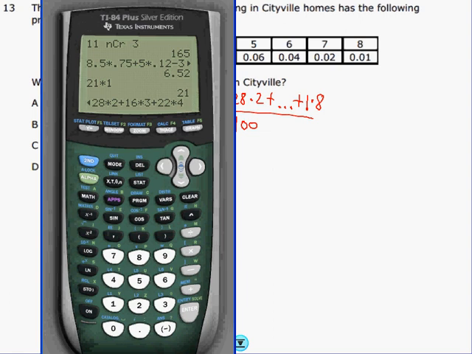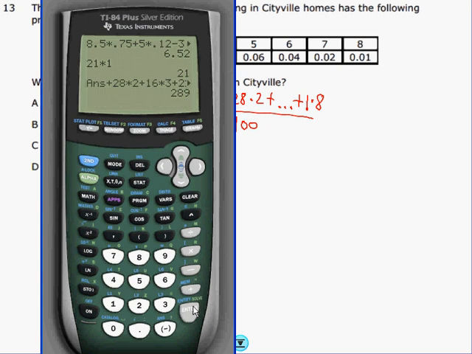Okay, so 22. And then plus the 6 houses that have 5 people in them, plus the 4 houses that have 6 people in them, plus the 2 houses that have 7 people in them, plus the 1 house that has 8 people in it.